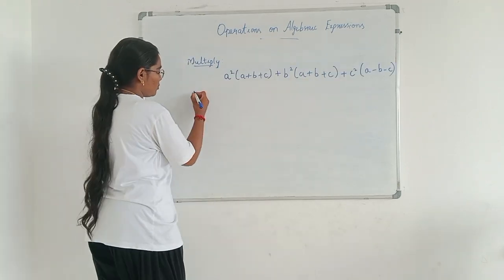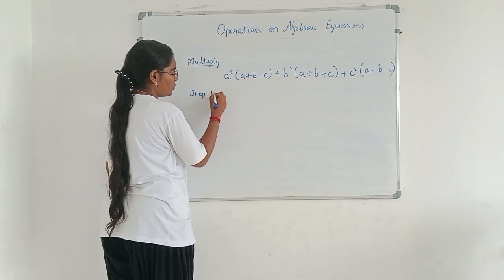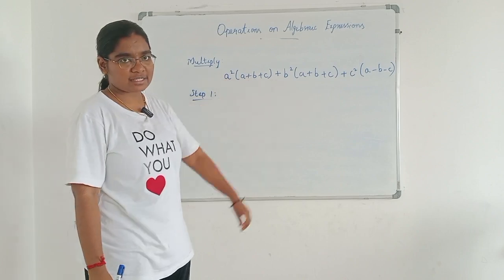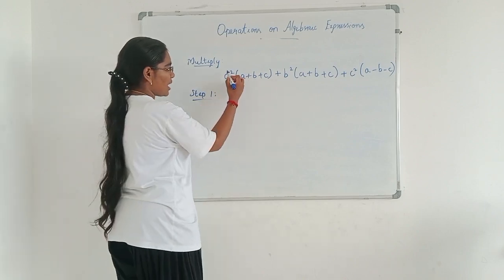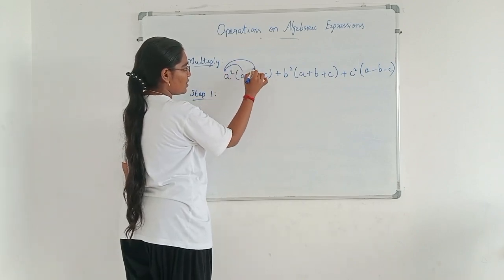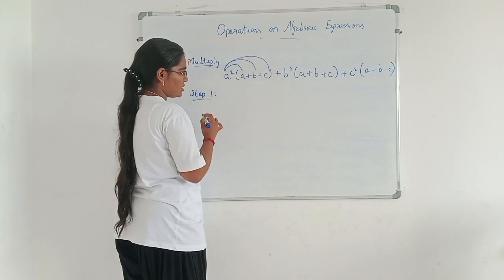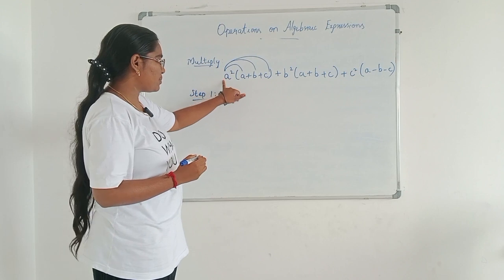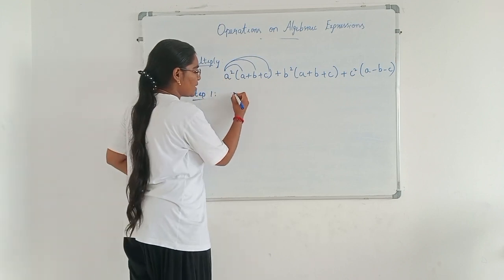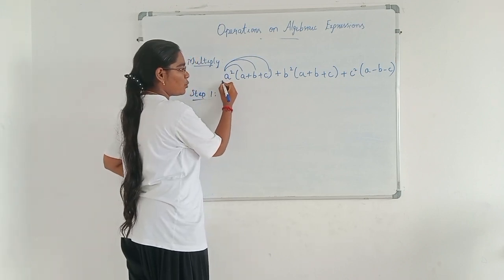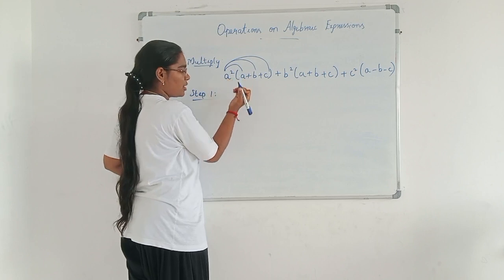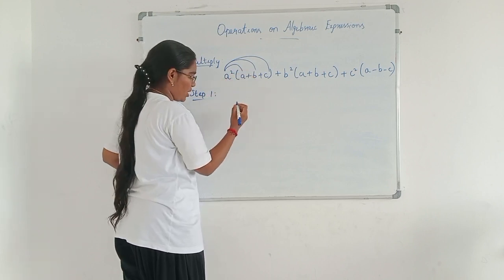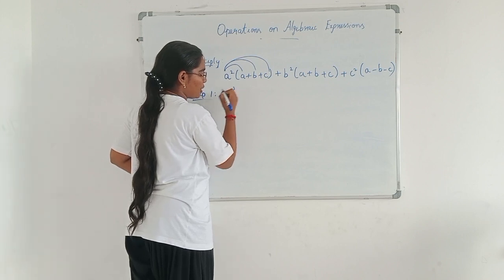Consider this example. Step 1, what you will do? Here we can multiply each of these terms. Am I right? So this a square with this a square with this b, and this a square with this c. So a square with this a. So first this is plus plus. So plus into plus, plus. Here 1, here 1. 1 into 1, 1. So here a square, here a to the power of 1. So what you will get?